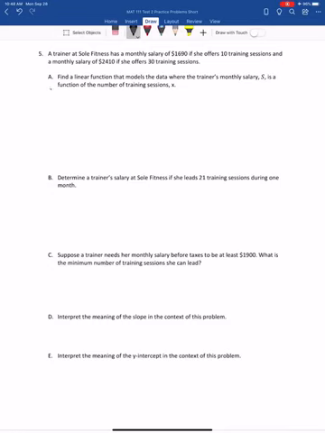So we want to find S of X equal to mx plus b. That's our linear function that we're trying to create. Again, remember S represents the salary and X represents training sessions. So I'll go ahead and make note of what everything stands for.